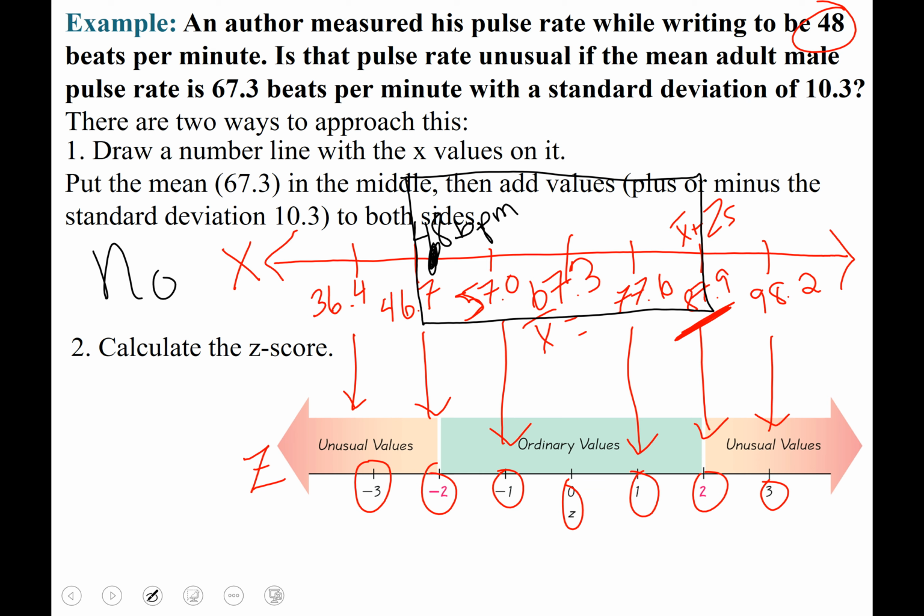All right. Well, that first method, although it works, would be quite a bit for a doctor to create that number line, or to memorize, or to look up in a book that 46.7 and 87.9 are the cutoff points between usual and unusual, which is why it is very valuable to address this question as a z-score instead.